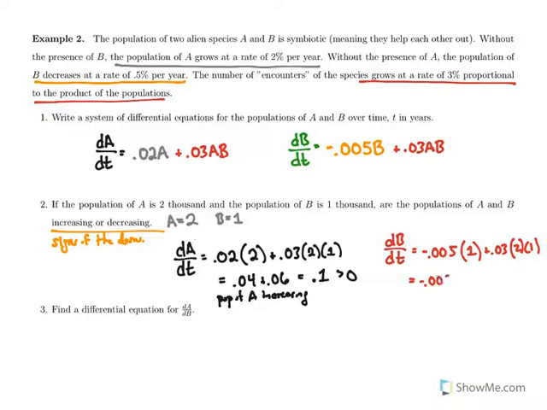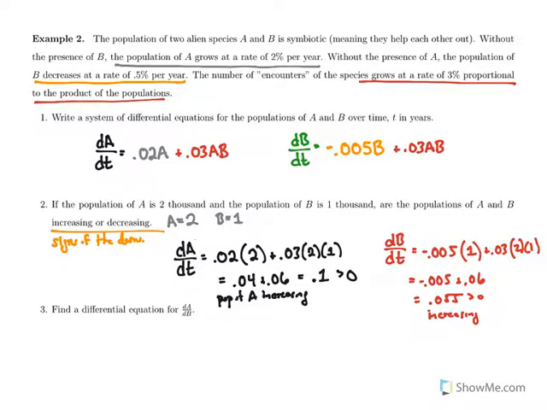This is negative 0.005 plus 0.06, which will give us positive 0.055, which is greater than 0. So this is also increasing. Given a different level of A or B that we plug into that second derivative, we may find that it would be negative, so therefore it would be decreasing at that time.